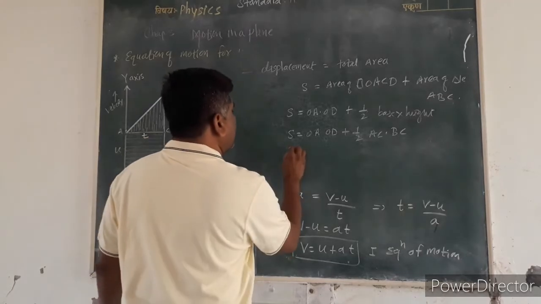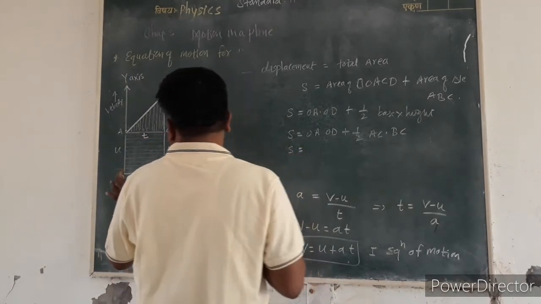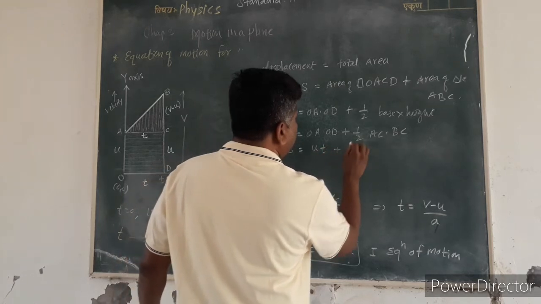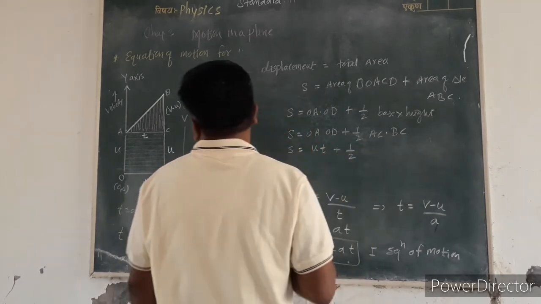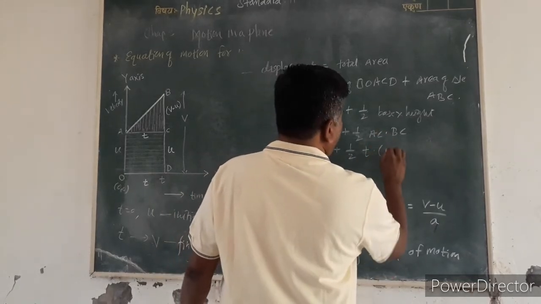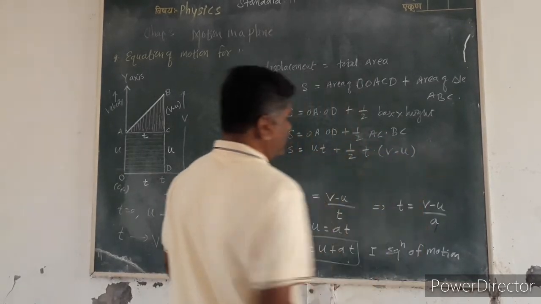Now S is equal to the values of OA u, OD t plus 1/2 the values of AC t, and BC is v minus u.